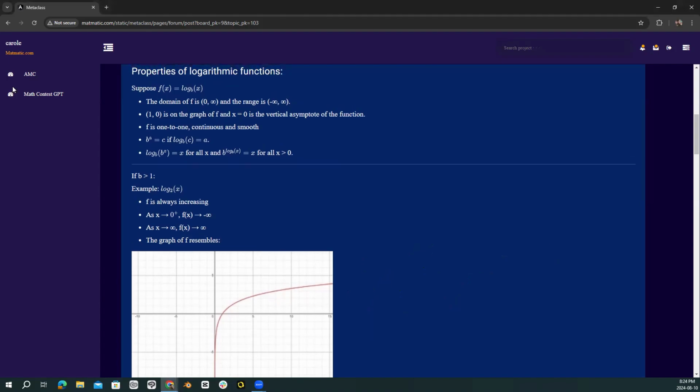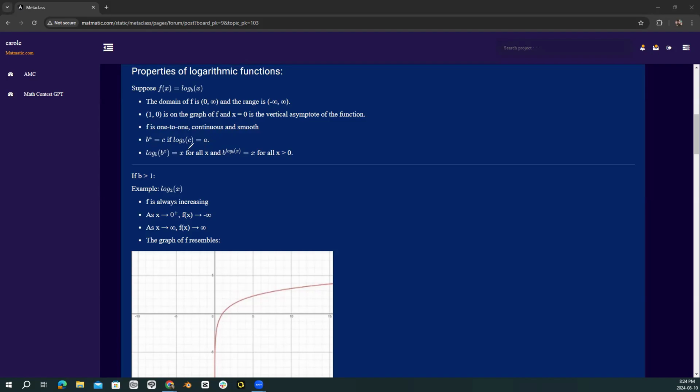Okay, next is basically what we talked about before. b to the power of a equals c if log base b of c is equal to a. This is just converting between the logarithmic and exponential forms like we talked about earlier.